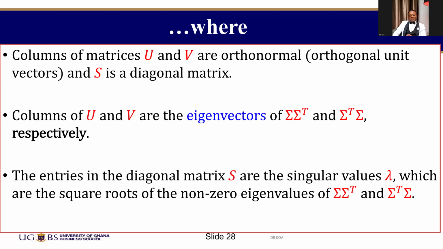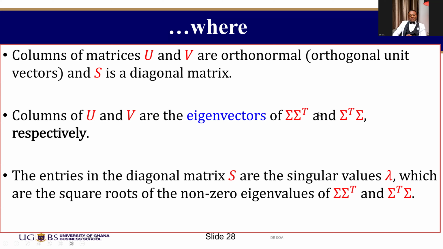So when you take the column matrices of U and V, they make up the eigenvectors of the variance-covariance matrix. U makes up the eigenvectors of sigma times the transpose of sigma, and V is the eigenvectors of the transpose of sigma multiplied by sigma.